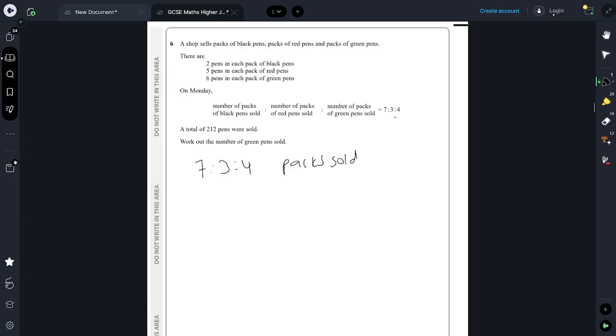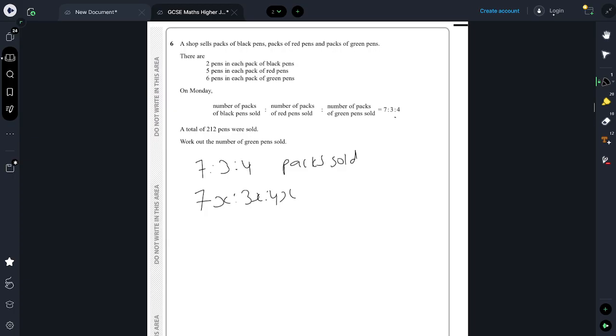If we wanted to find out how many packs were sold, the actual number of packs of black, packs of red, packs of green individually, you can just times it by a number x. So if you call it x, and scale this ratio by x, this is now the total amount of packs sold. That's essentially what ratios are.